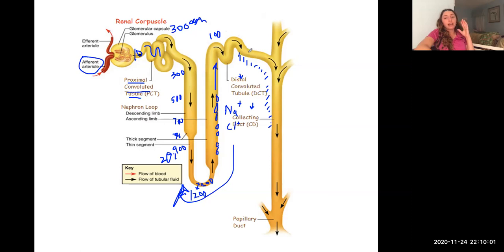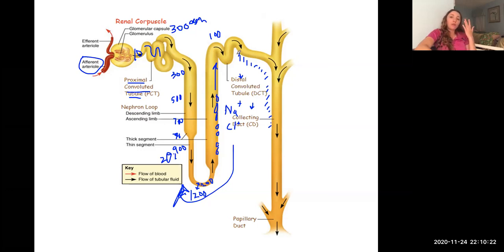And how it does it is the aquaporins. If the ADH or aldosterone is present, then they will open. When they open, it allows the water to move out so that your pee can be more concentrated. But it's not pee yet, it's filtrate.